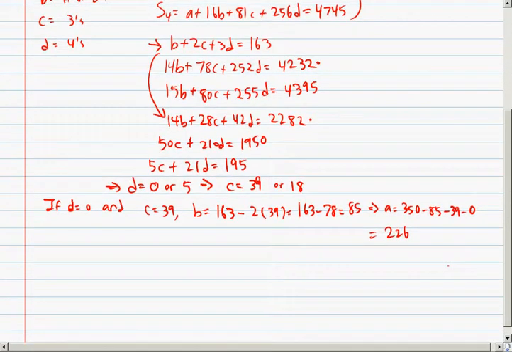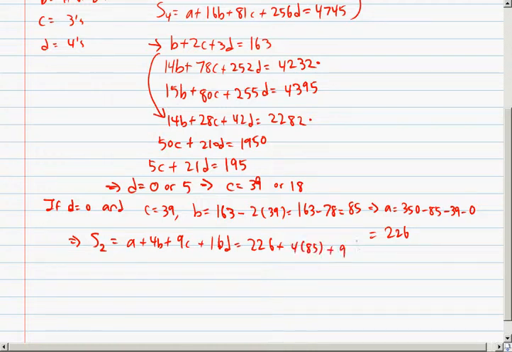These four values of a, b, c, and d will give us S sub 2 equal to a plus 4b plus 9c plus 16d. Adding all that up gives us 226 plus 4 times 85 plus 9 times 39.